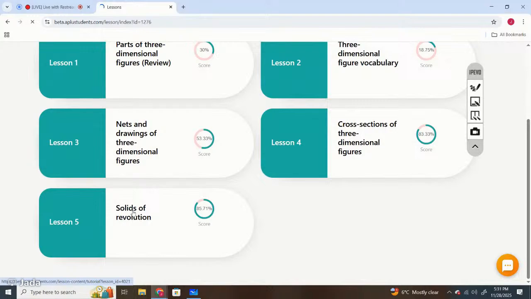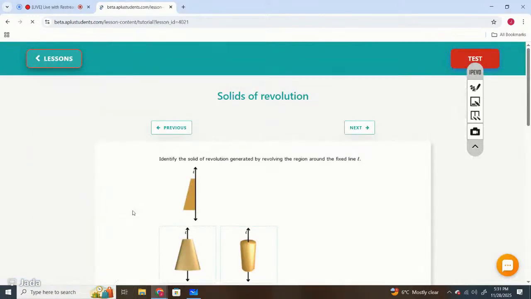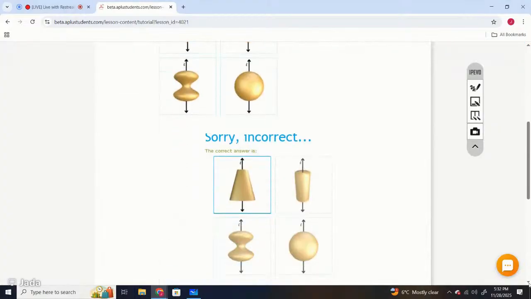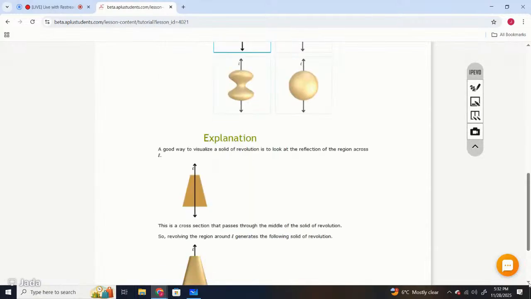That is solids of revolution. Identify the solid of revolution generated by the revolving region around the fixed line L. A good way to visualize a solid of revolution is to look at the reflection of the region across the line.